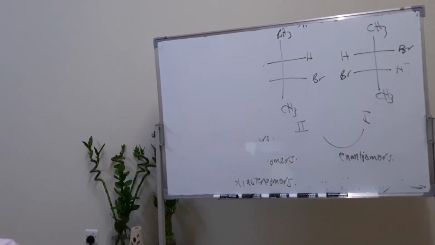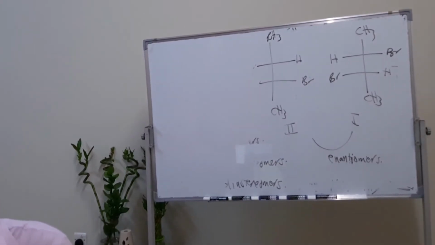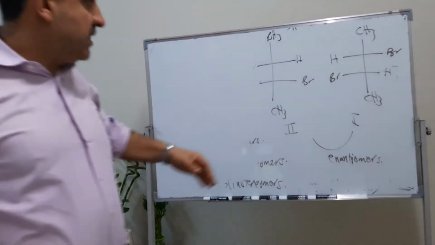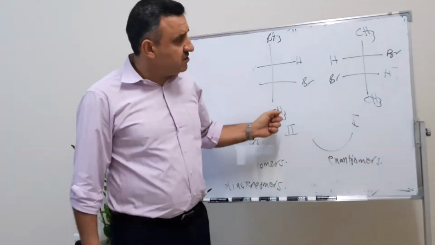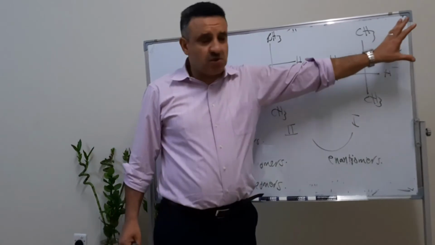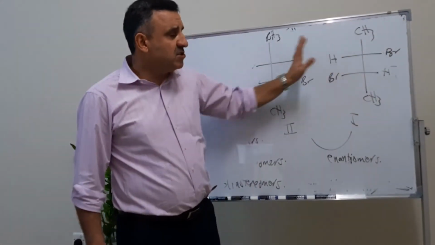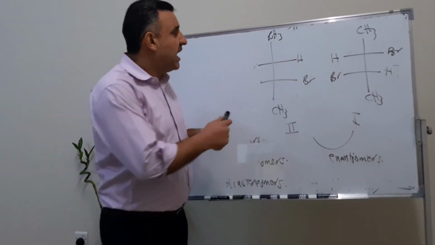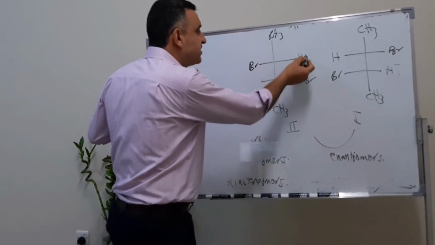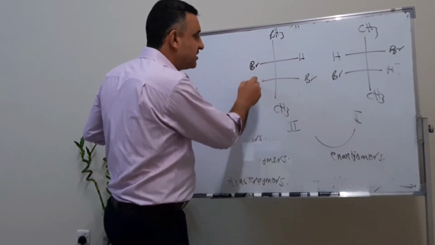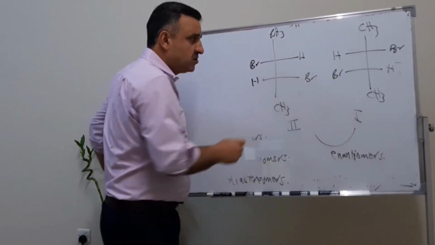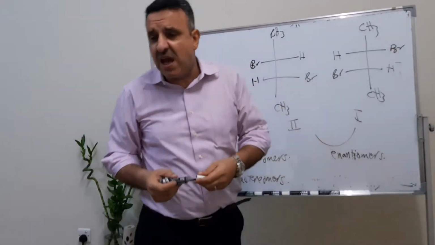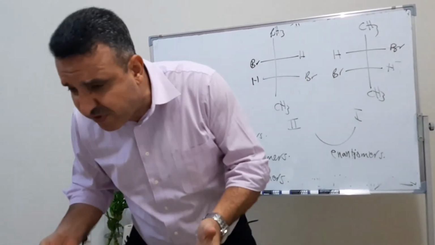Because they are different. Because the spatial arrangement of the atoms in this structure are different. For example, here, this structure is different than this. You see, the bromine is to your right side, the hydrogen to your left side. Here, the hydrogen to your left side, the bromine to your right side. Do you follow me? So these two structures, they are not identical. They are different.